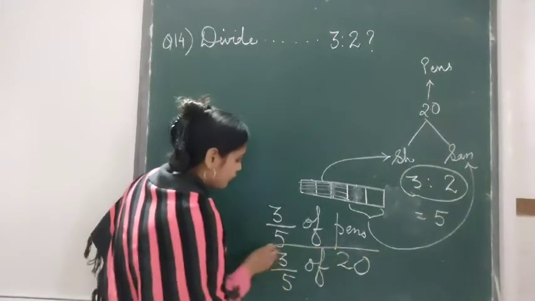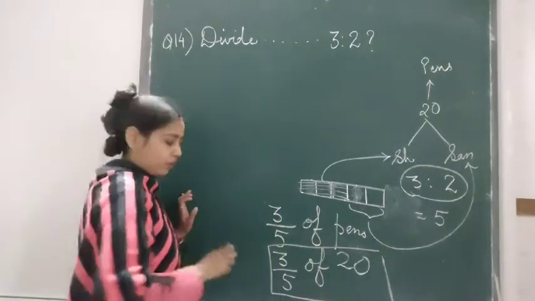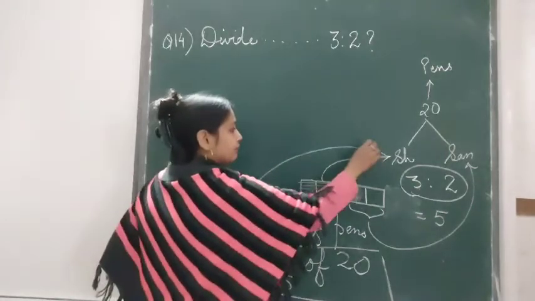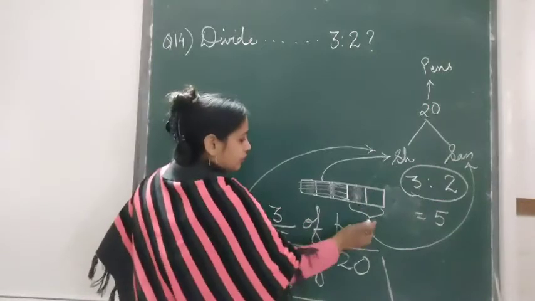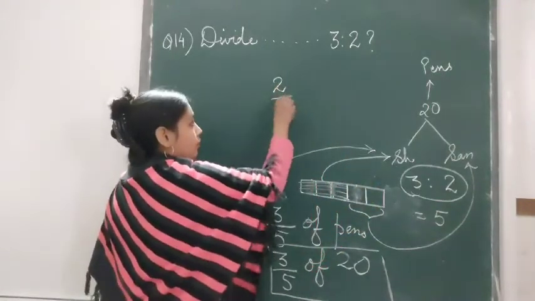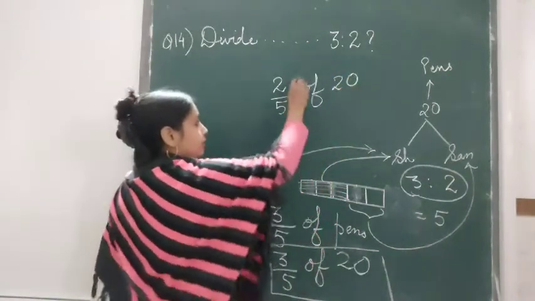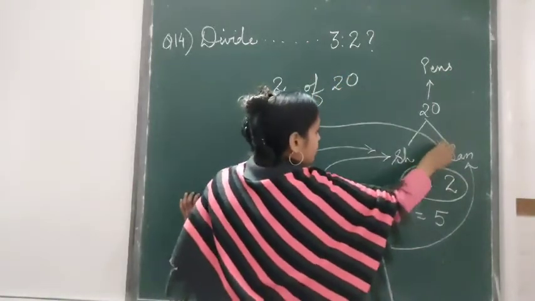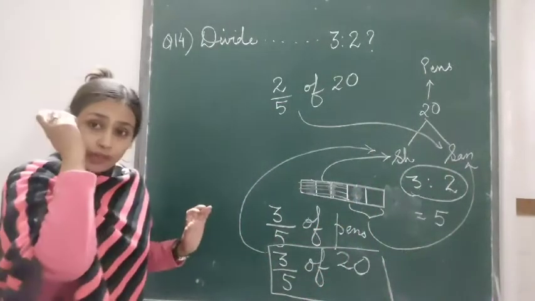That means if we solve this, we will come to know the total number of pens for Sheila. And if we solve this, that is 2 out of 5 of 20, we will come to know the number of pens which should be given to Sangeeta. Okay, so what to do?